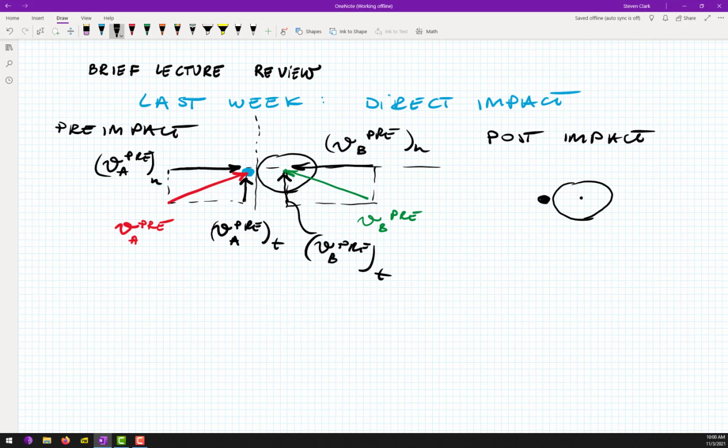Okay, so in order to figure out what happens post-impact, we actually don't have to do much. First of all, we have two pieces of information for free, because we know that these components will be unchanged.